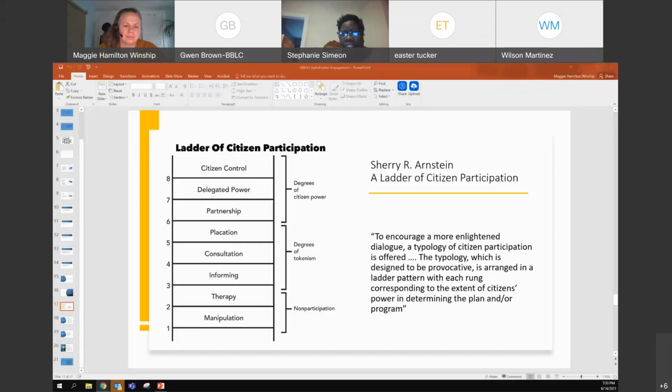You don't necessarily climb this ladder. If it was me, I would just want to go straight to citizen delegated power and citizen control in partnership. But often, based on how the community feels in the space of participation, because they weren't in the process, people are feeling manipulated.